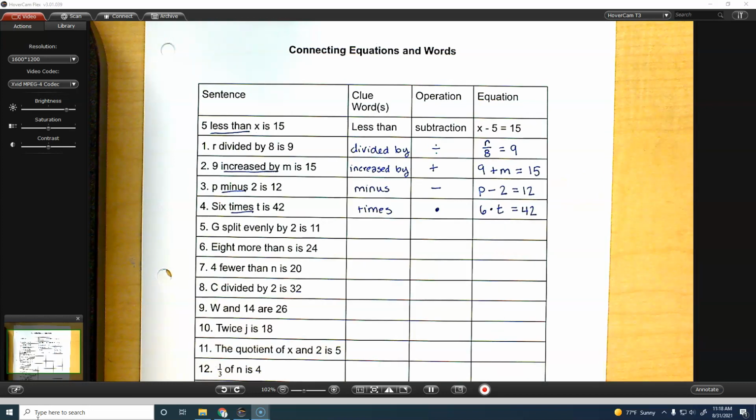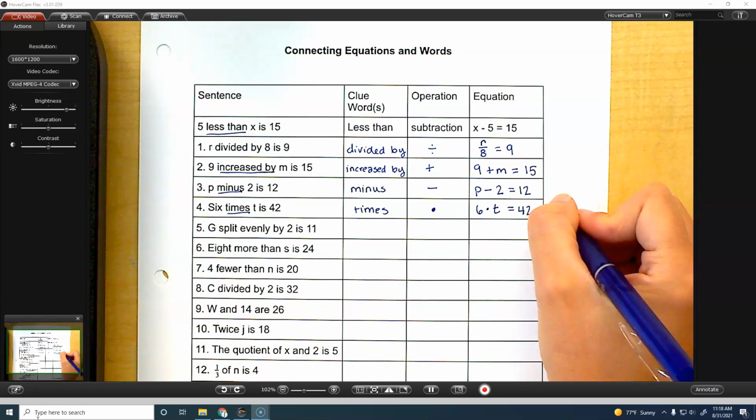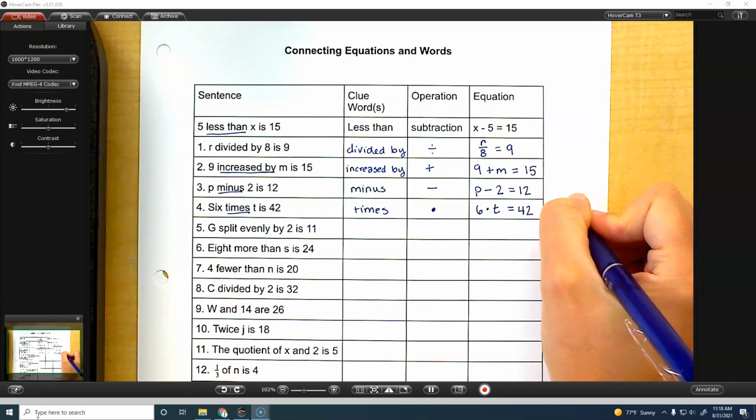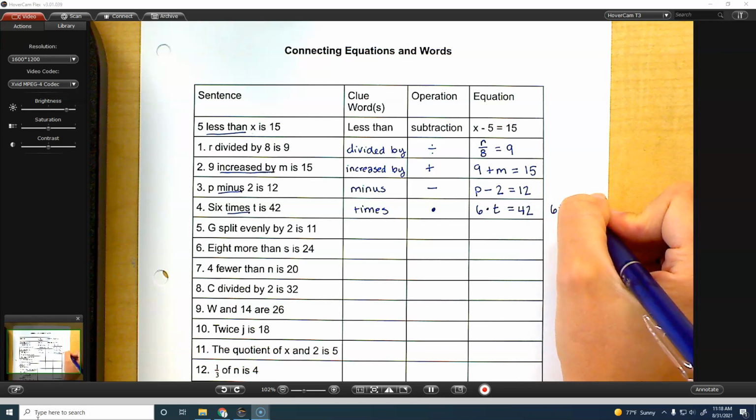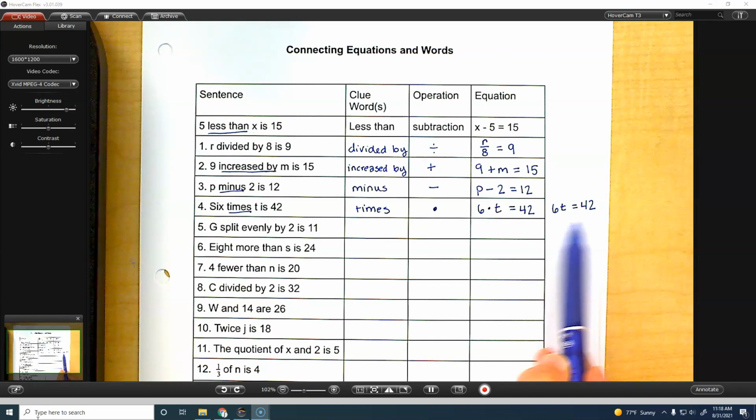Now, I used the dot whenever I wrote this. I'm going to write this over here to the side as well. If you see a number and a letter right next to each other, 6T, what's happening between those two? What is it, Ayla? It's multiplication. So you might see this written this way. In fact, a lot of times if it's multiple choice, you're going to see it without the dot there.